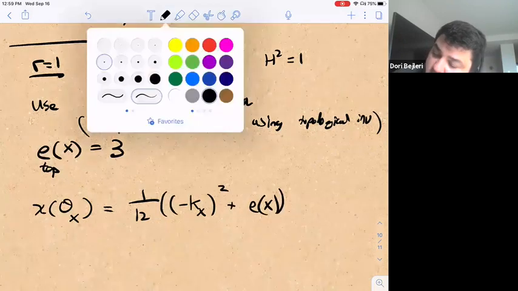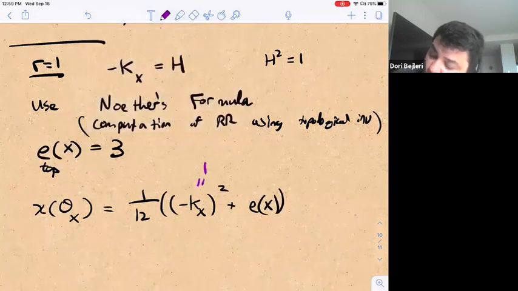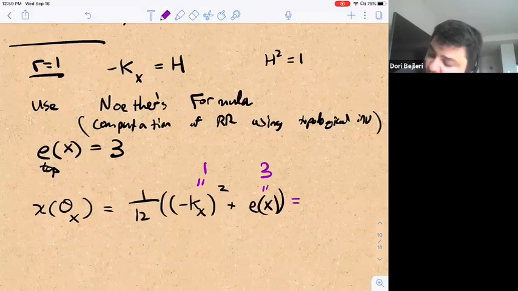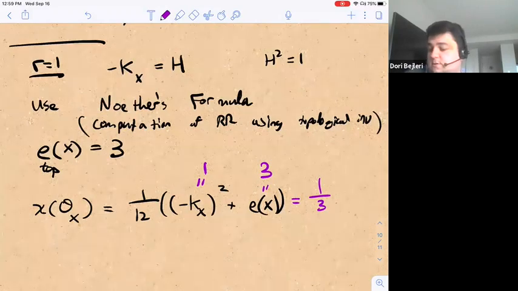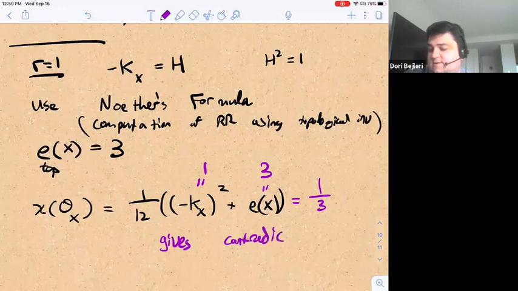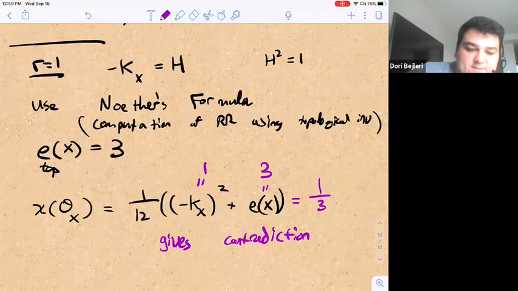But on the other hand, this is 1 and this is 3, and so this becomes 1/3, which is nonsense because it has to be an integer. Okay, so that was super sketchy, but if you write down these topological formulas, you'll get this contradiction. So R had to be greater than 1, so we have to be in this P2 case.